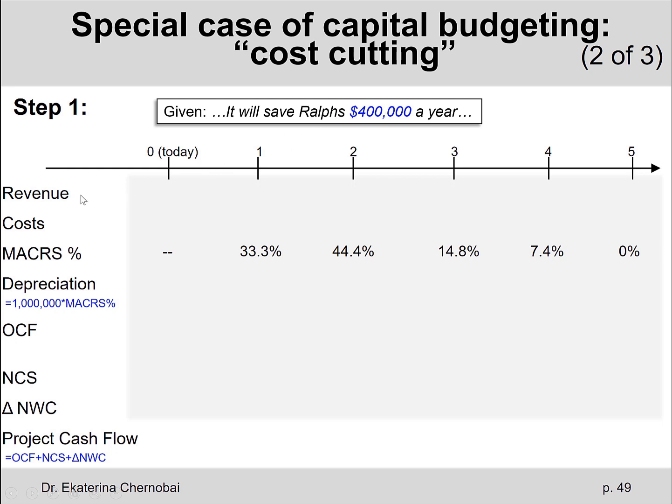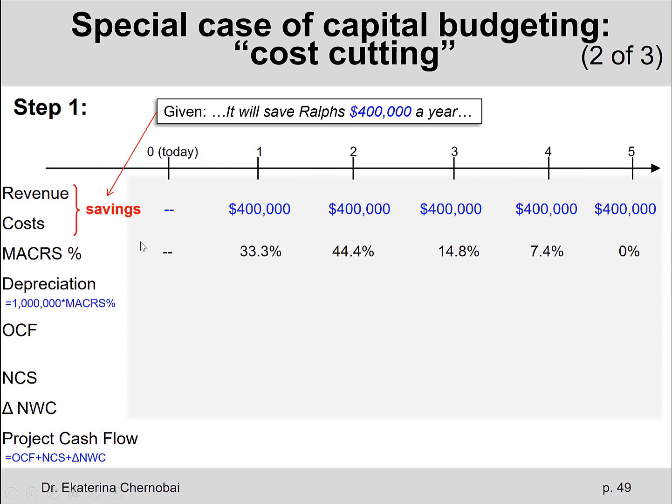It could be actually one of the two, or it could be a combination of an increased revenue and decreased costs. So savings is like the difference between additional revenue and additional cost, right? So kind of the net, the difference between the revenue and the cost. Okay, so for every year, we can put $400,000. Years 1, 2, 3, 4, and 5, right?